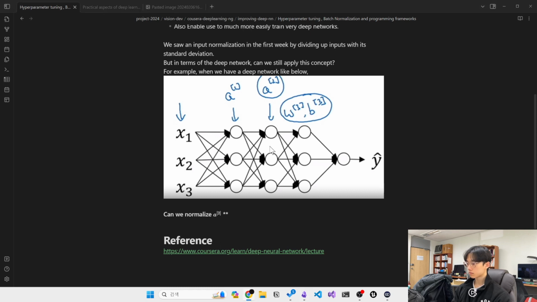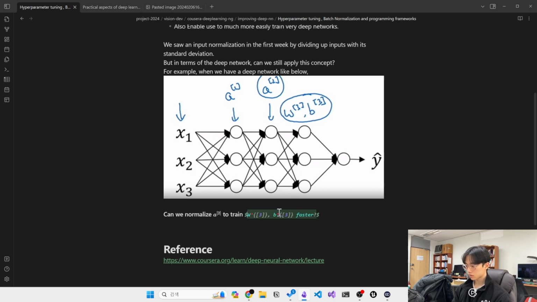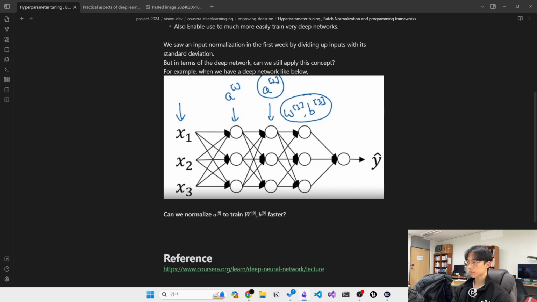Right? Since A2 is the input to the next layer, that therefore affects your training of W3 and B3.